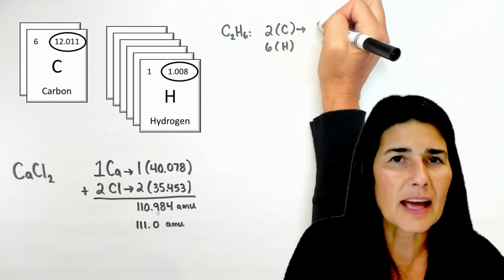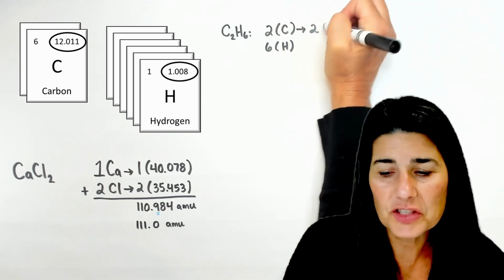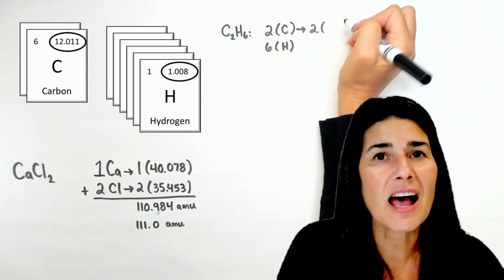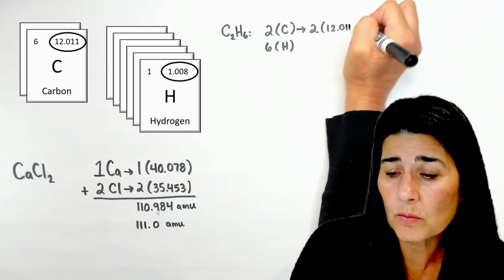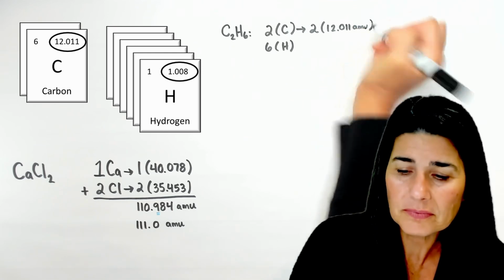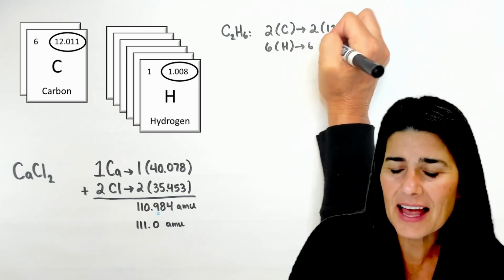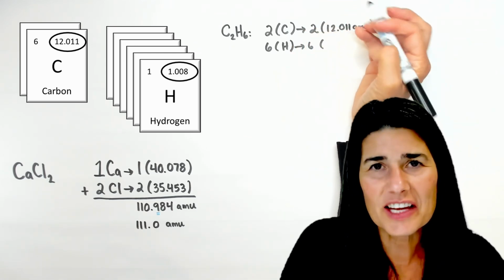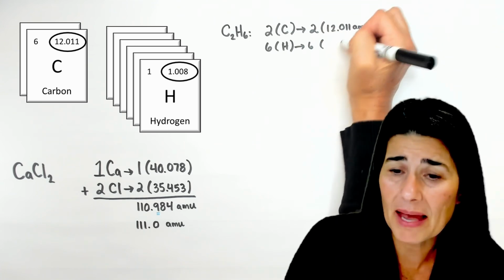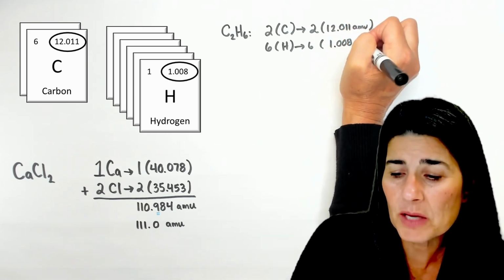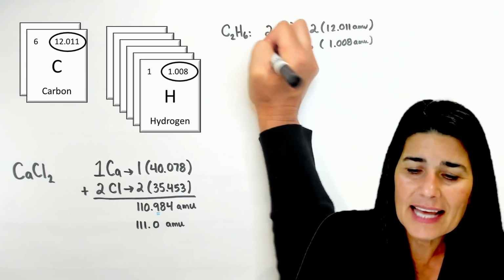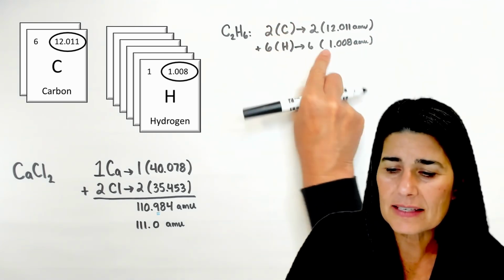So I look on my periodic table. I've got 2 carbon atoms, and the atomic mass for carbon is 12.011 AMU. I've got 6 hydrogen atoms. Each hydrogen atom has an atomic mass of 1.008 AMU. Now, I need to add up 2 carbons and 6 hydrogens.